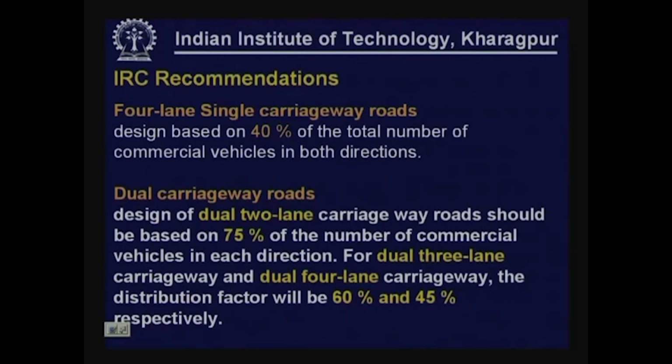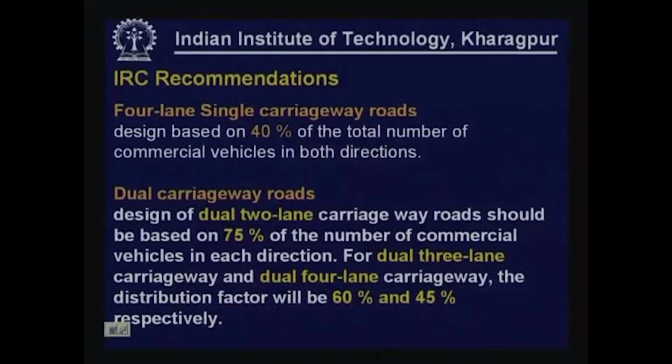If you have dual carriageway roads, the lanes that are meant for a single direction are separate, and similarly there will be separate lanes exclusively meant for traffic coming from the other direction. There cannot be any interaction between the traffic in these two directions. In such a case, if you are designing dual 2-lane carriageways, that means in each direction you have 2 lanes, 75% of the number of commercial vehicles in each direction has to be taken for design.